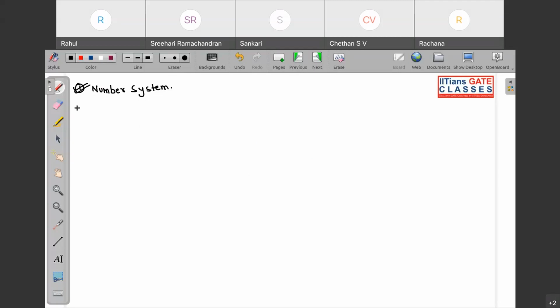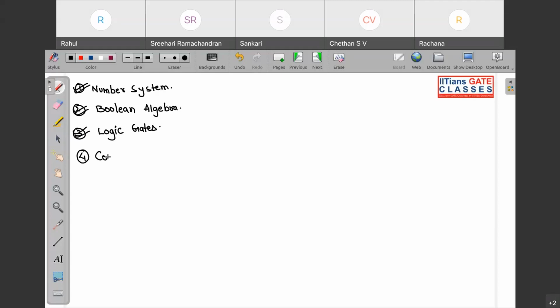Second is Boolean algebra, or even logic gates can come. The third is logic gates. So these three are very important topics.